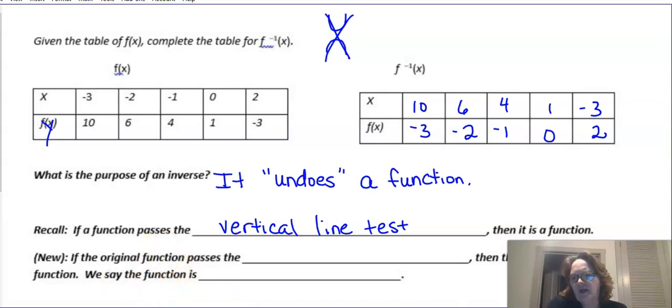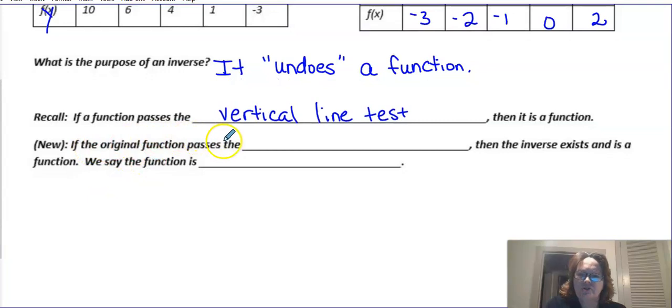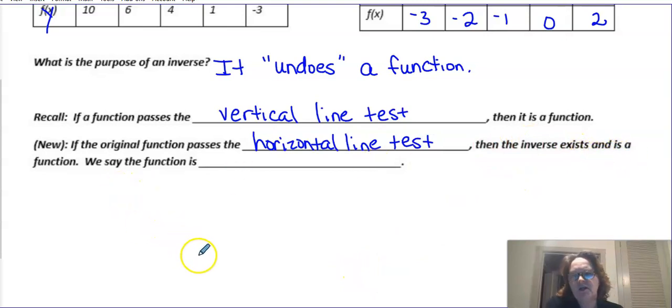Now, when we look at inverse functions, if the original function passes the horizontal line test, exactly like the vertical line test, then the inverse exists and is a function. I'll talk to you more about that in just a minute.